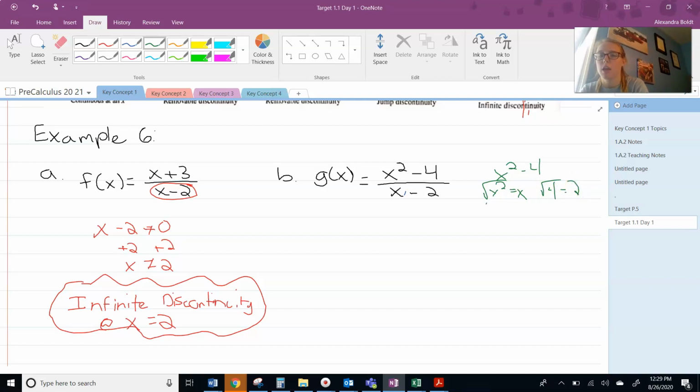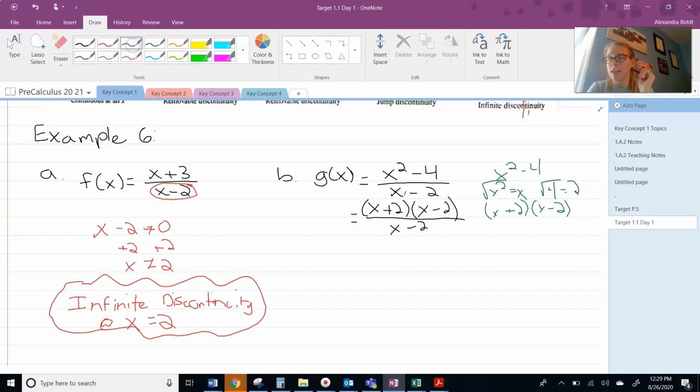So I get x plus 2, x minus 2. Okay. So this function is actually x plus 2, x minus 2, over x minus 2.